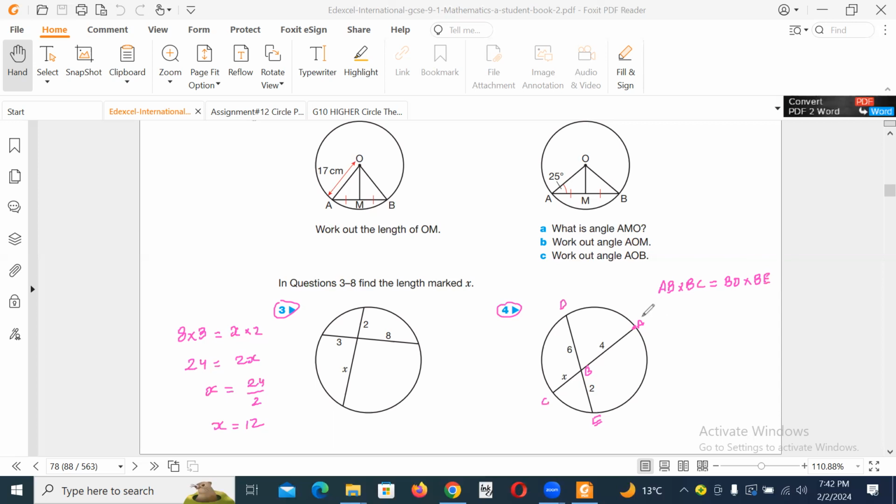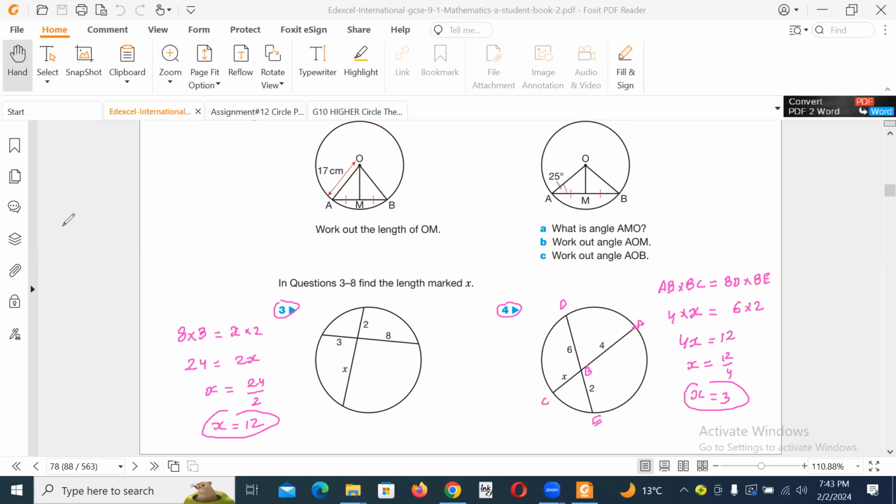So see here, AB is 4, 4 multiplied by X is equal to BD, 6, multiplied by 2. So 4X is equal to 6 2s are 12. So X is equal to 12 over 4, which gives me 3. So we found these two answers. When two chords intersect inside the circle, we apply this concept. I hope it is clear.